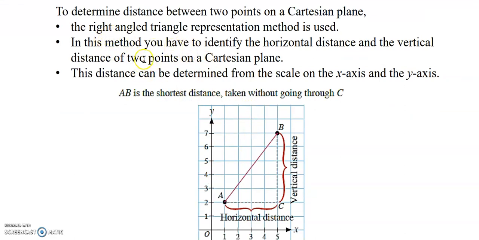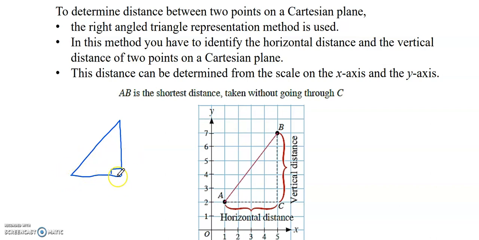The first one is the right angle triangle representation method. Katakanlah kita nak calculate line AB. Line AB here, kita tengok kat sini is actually the hypotenuse. If you draw a right angle triangle, what does it mean by right angle triangle? The triangle that has 90 degree.